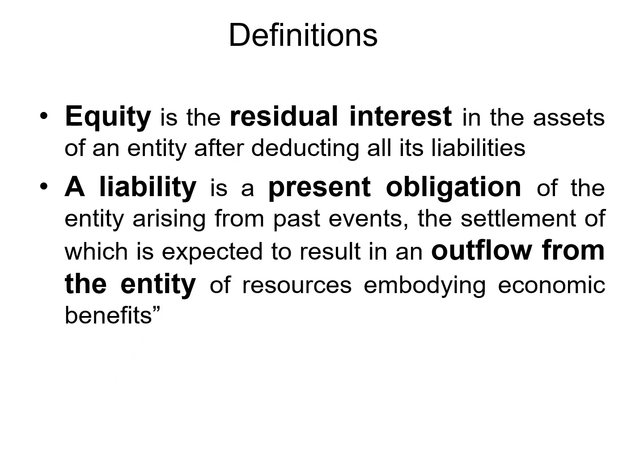Equity, as always, is defined as a residual interest in the assets of an entity after deducting all of its liabilities. A liability is a present obligation of the entity arising from past events, the settlement of which is expected to result in an outflow from the organization of resources that embody economic benefits. Again, none of that is new to us. Those are all things that we've known for donkey years.